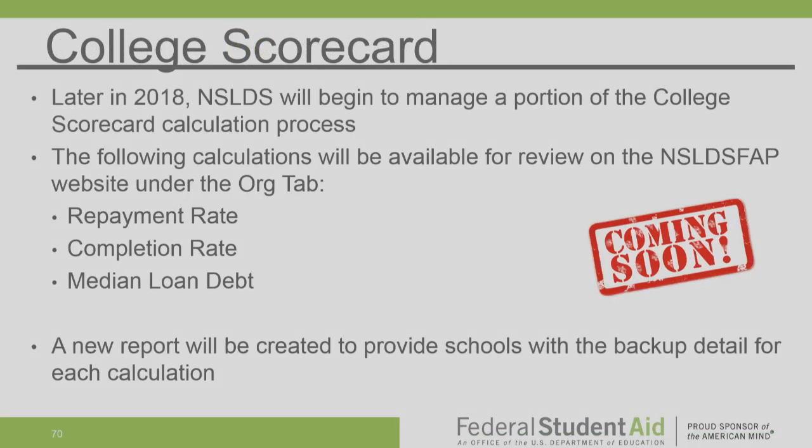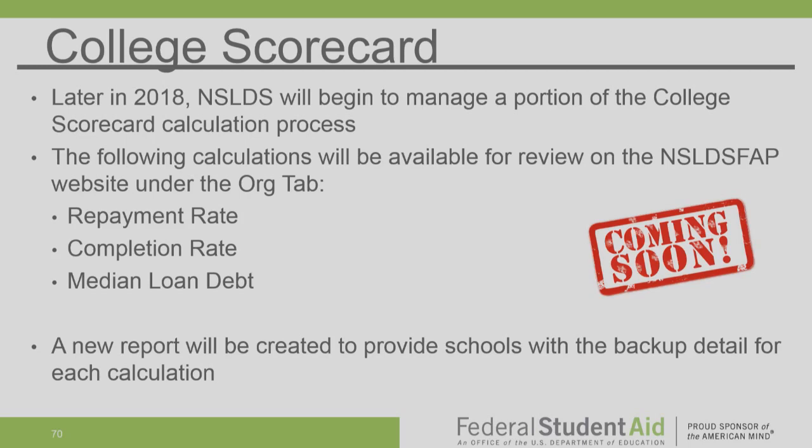That's going to include the repayment rate, the completion rate, and the median loan debt. Not only are you going to be able to see those rates on NSLDS, but we will also provide all the backup detail for those rates, so you can see the individual loans and borrowers that go into the creation of all of the measurements that are included in the College Scorecard.